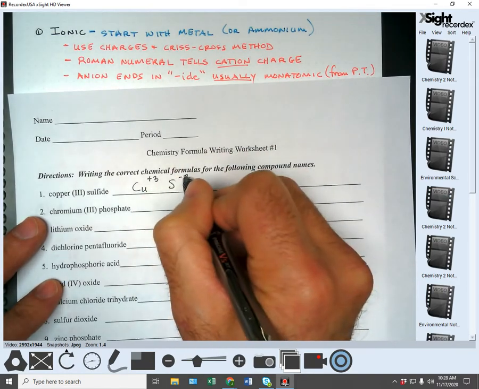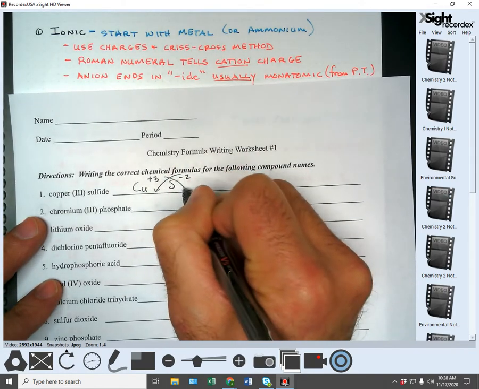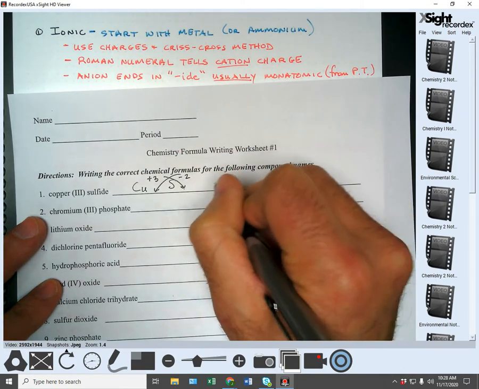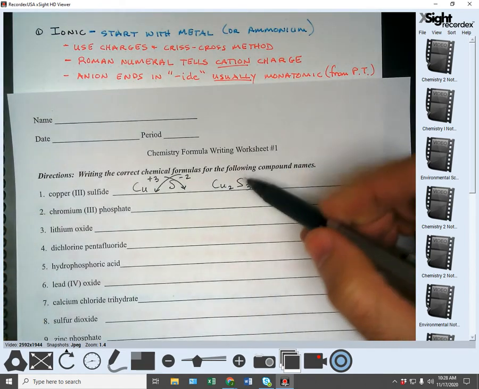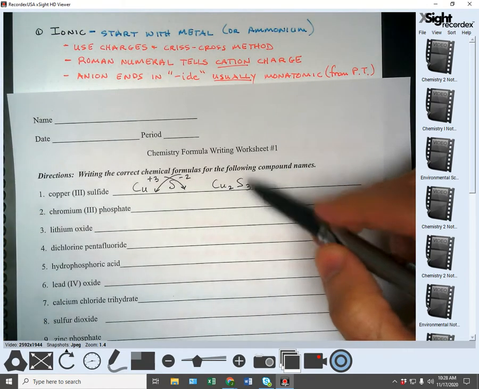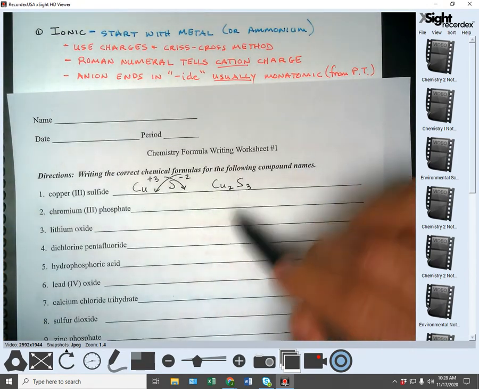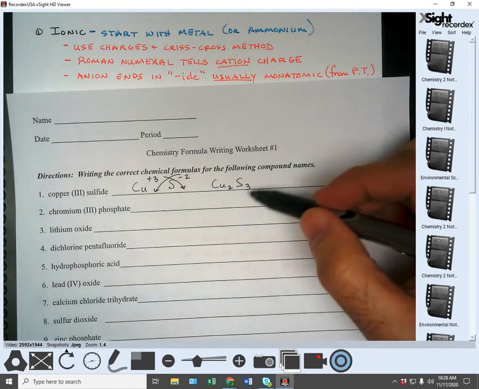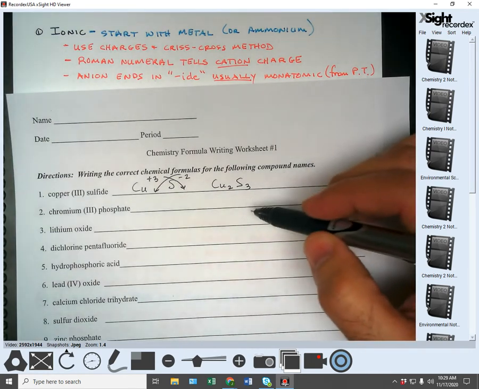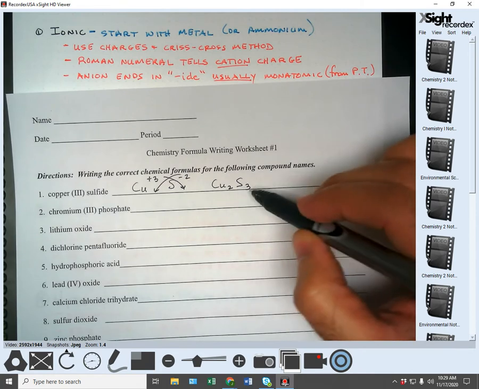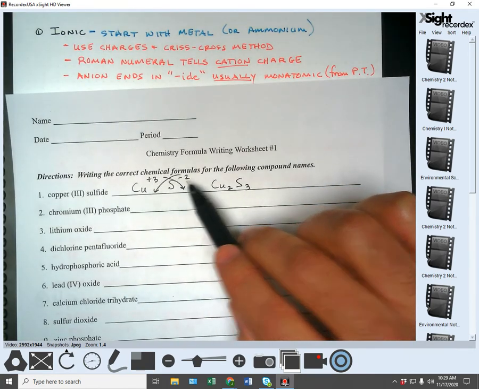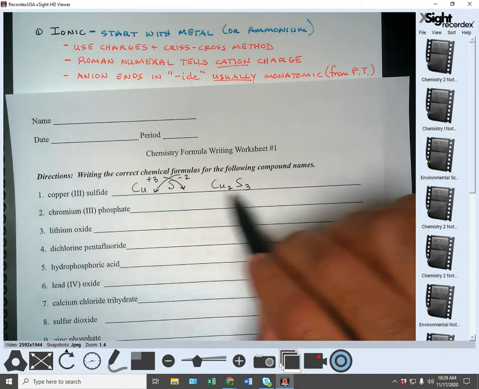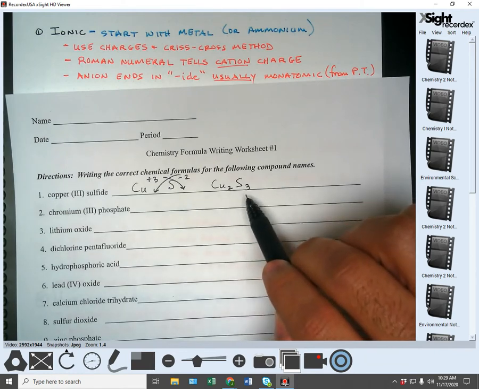And then after that, you cross down. So we get Cu2S3. Now remember, when they're down here, they are not charged. This is just a method to figure this out. The numbers in subscripts are the numbers of atoms, not charges. If you're writing charges, they need to be up above, because any numbers down here should be atoms. They should not have any positive or negatives on them.